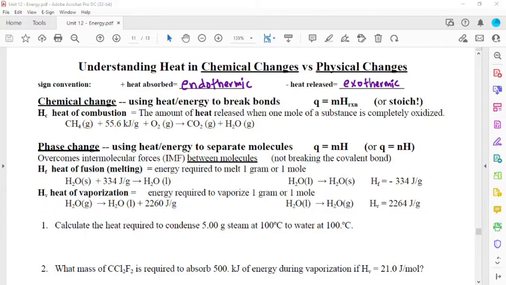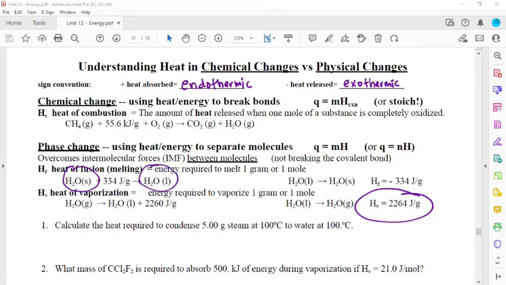Now, generally, these values are given to us as positive values, but because our substance can either go from a solid to a liquid or from a liquid to a solid, then that direction that our substance is changing is going to determine the direction the energy is going. So once again, we come back to this idea of endothermic or exothermic. Here, if my solid is becoming a liquid, I need to add energy in.